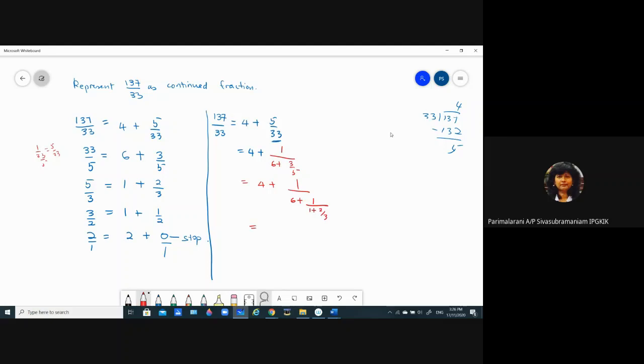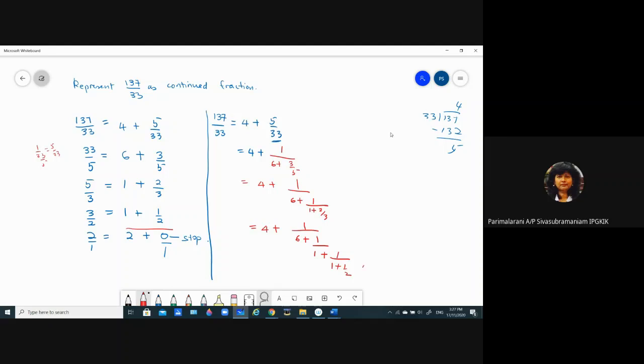And this is equal to 4 plus 1 over 6 plus 1 over 1 plus 1 over 2, the last one here.